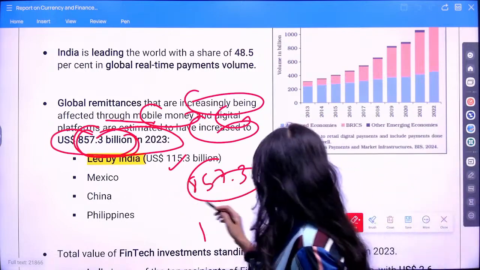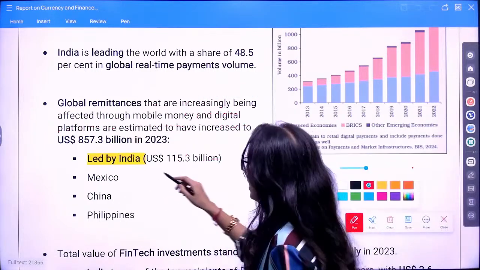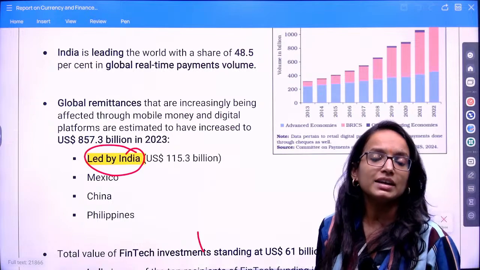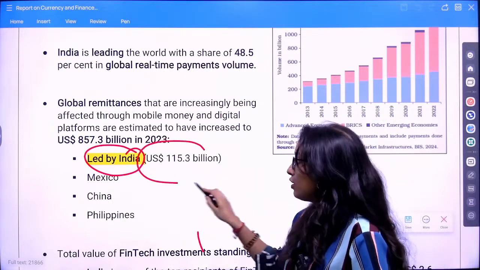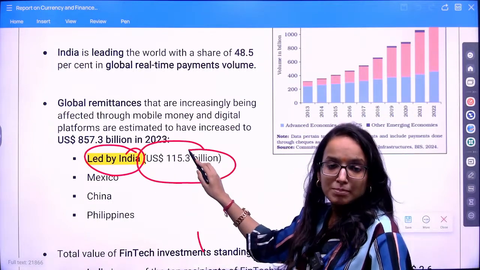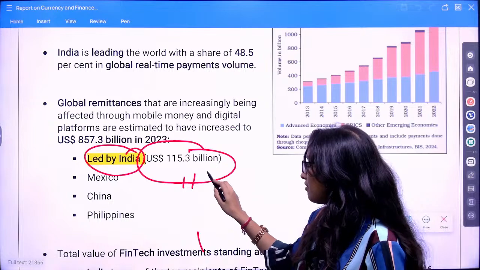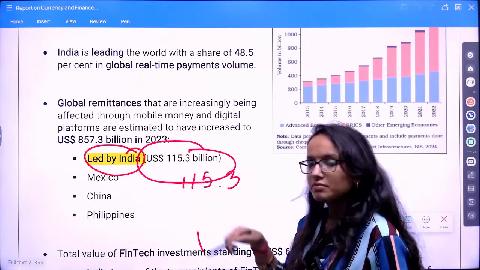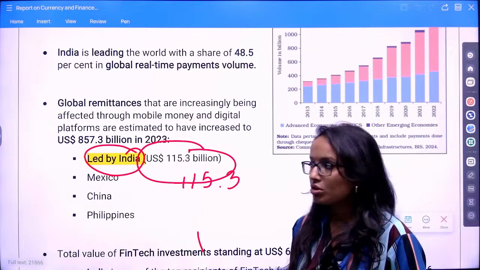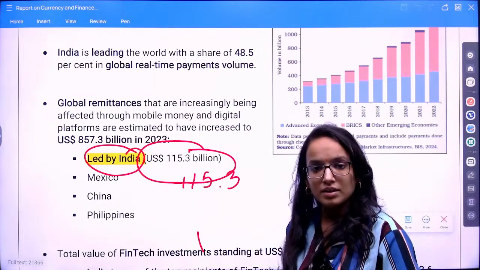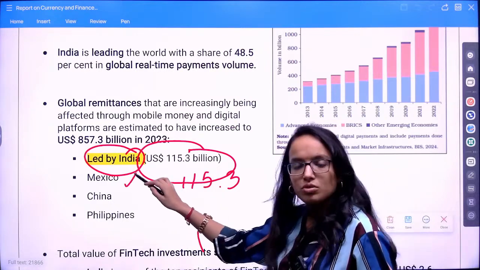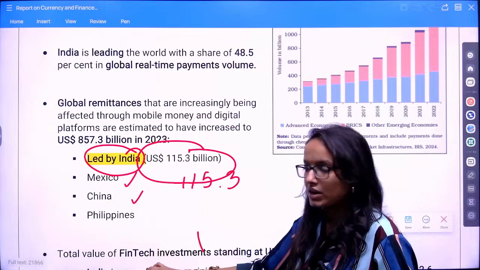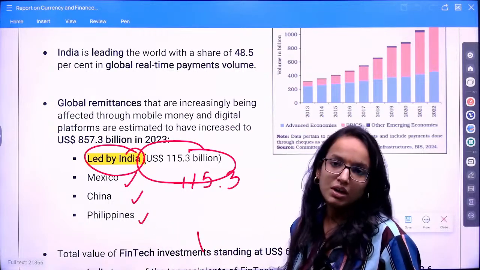And if you see the ranking, which country has received the highest remittances, of course it is led by India. The amount of the remittances is 115.3 billion US dollars for India. After India, you have Mexico at second, at third place you have China, and at fourth place you have Philippines, right?